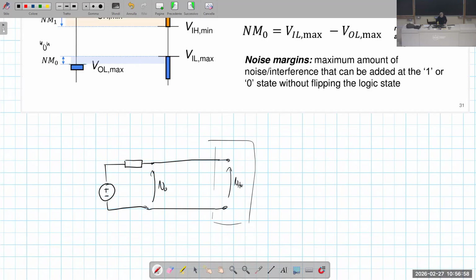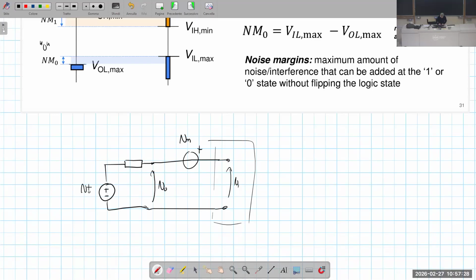Okay, even if VI, for a reason or another, we have here a noise voltage source. This noise voltage source can be electromagnetic noise which is picked up by the wire, it can be the inherent noise of the devices, or can be interference that is picked up on the line.